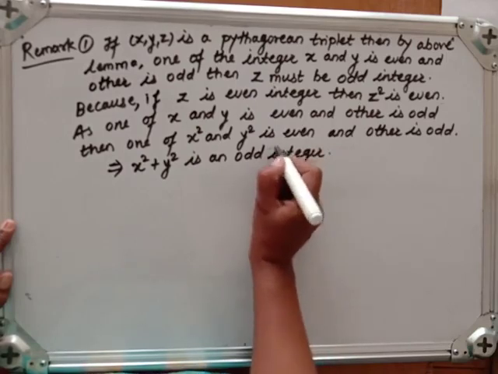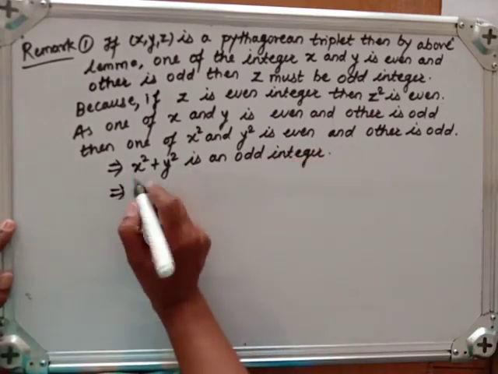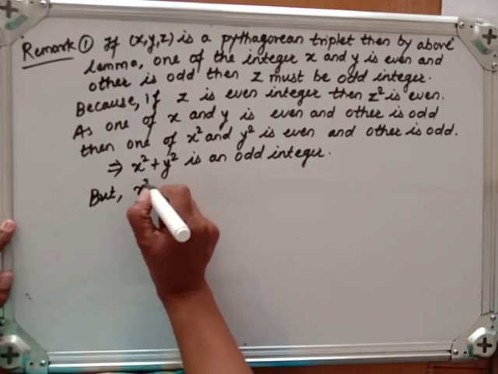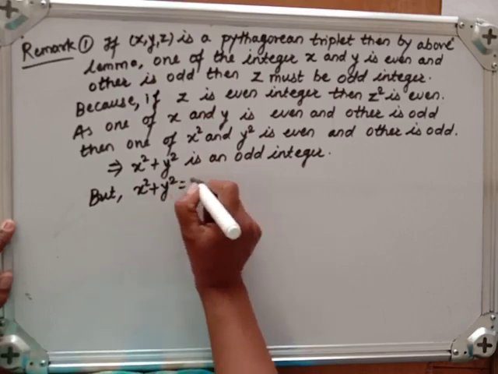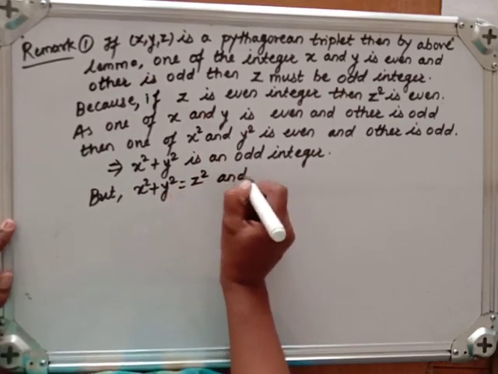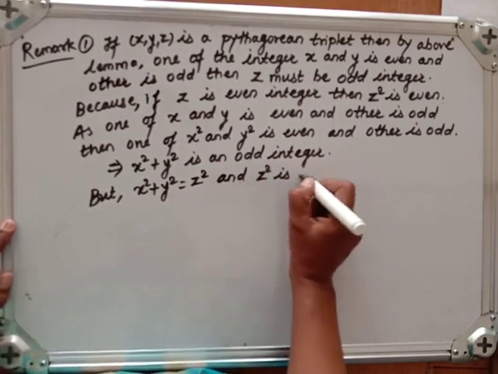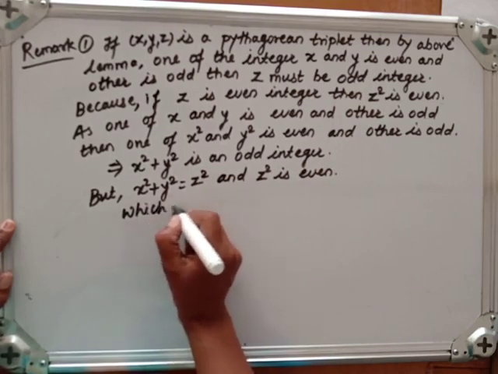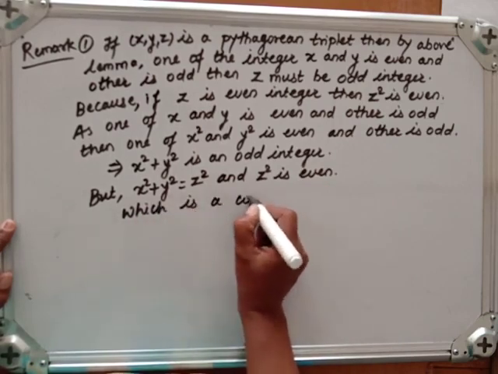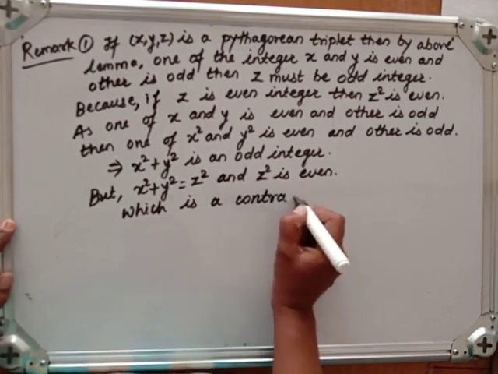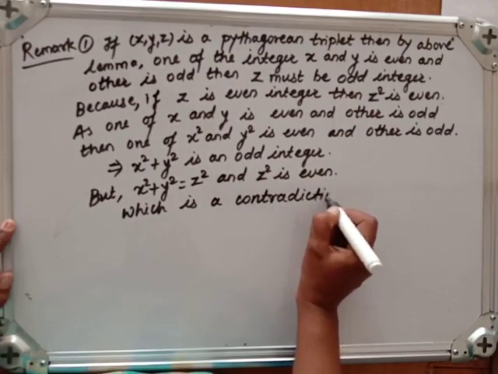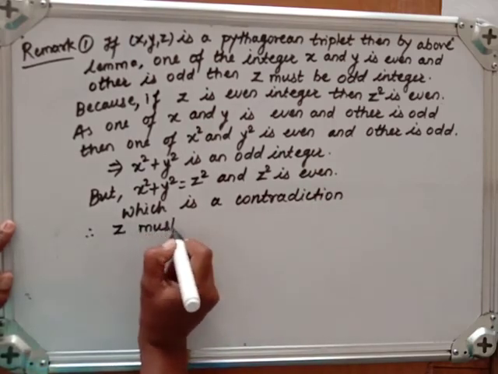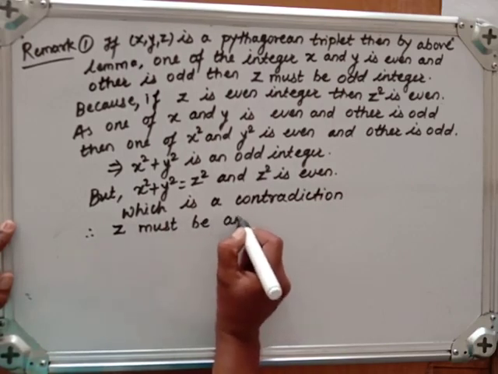But x square plus y square is equal to z square, and z square is even, which is a contradiction. Therefore, z must be an odd integer.